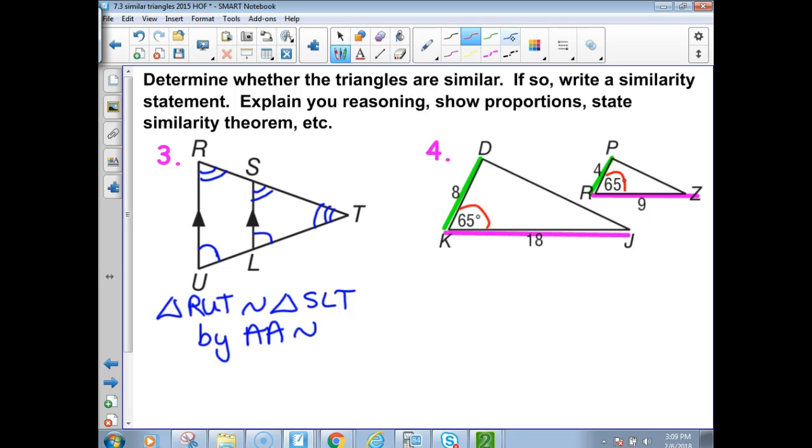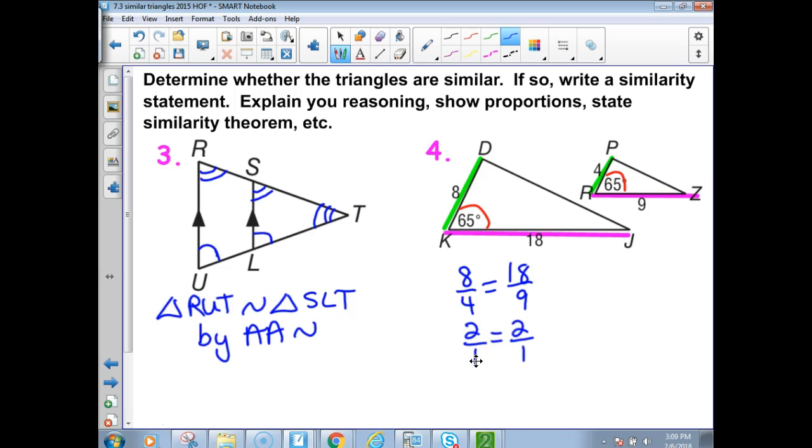I just colored them just to see. So I'm going to do 8 is to 4. 8 over 4, is it equal to 18 over 9? Well, those numbers are half of each other, aren't they? Meaning 8 divided by 4 is 2, 4 divided by 4 is 1, 18 divided by 9 is 2, 9 divided by 9 is 1. They are in a ratio of 2 to 1.